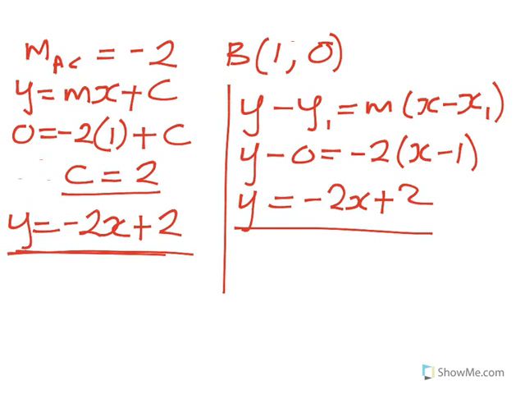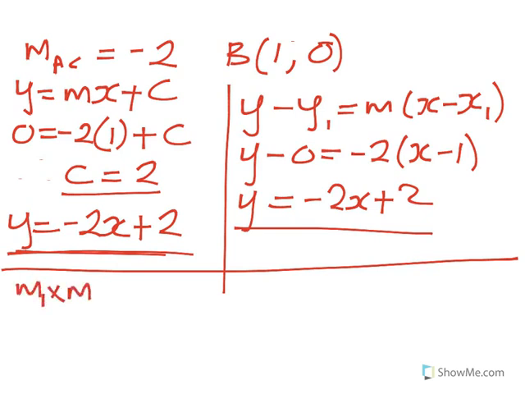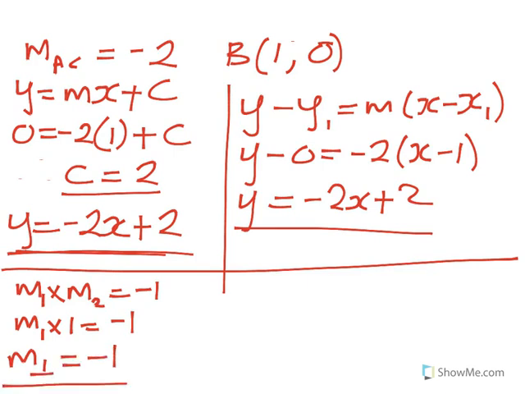Perpendicular lines, remember, M1 times M2 is equal to minus 1. We know the gradient of BD was equal to 1, so M1 times 1 was equal to minus 1. So M of the perpendicular line there is negative 1.